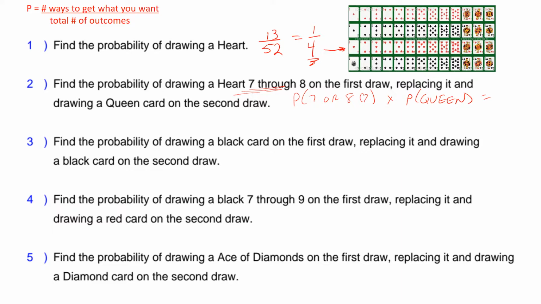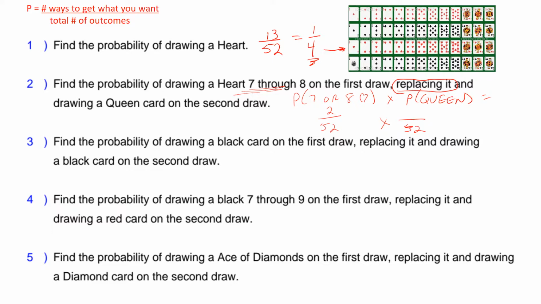So let's look at these two. The probability of a 7 or an 8, again, there's 2 ways to get what I want. A 7 gets me what I want, and an 8 gets me what I want, and there's 52 cards in the deck. Again, we're multiplying these because I want one thing and then I want another. It says here, after we draw that first card, we're going to put it back in the deck. So that means I'm going to have 52 cards again when I go to make the second draw. And on the second draw, I want a queen.